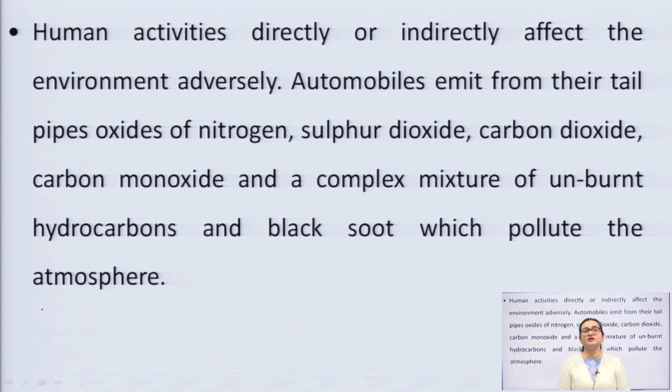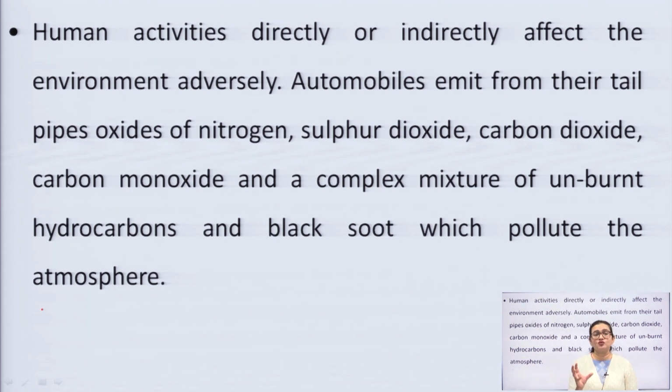Automobiles emit from their tailpipes oxides of nitrogen, sulphur dioxide, carbon dioxide, carbon monoxide. These are all harmful gases emitted into the atmosphere, and after getting into the atmosphere they form a complex mixture of unburnt hydrocarbons that is very injurious for our trachea and our lungs.